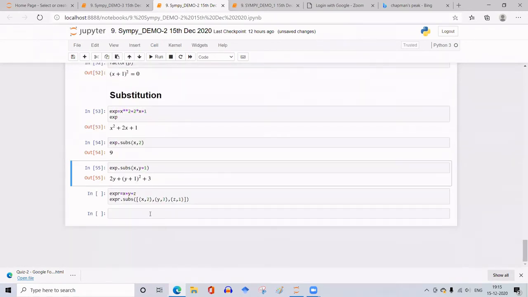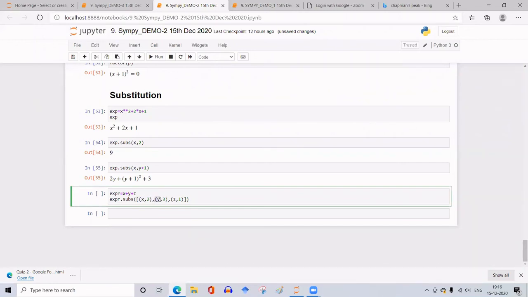This substitution you can do for multiple variables also. Suppose your expression has 3 variables, x plus y plus z, a simple one I have taken to illustrate this. Then expression dot subs within parentheses and within square brackets, you give the variable name and the value you want to substitute in the form of tuples. The first tuple is x comma 2, which indicates substitute 2 for the variable x.